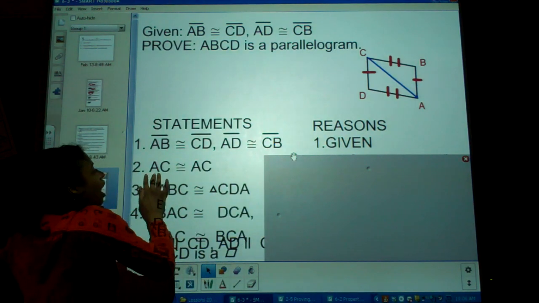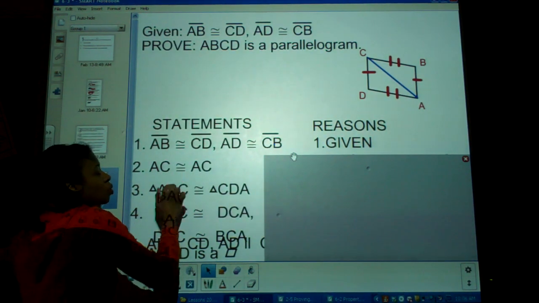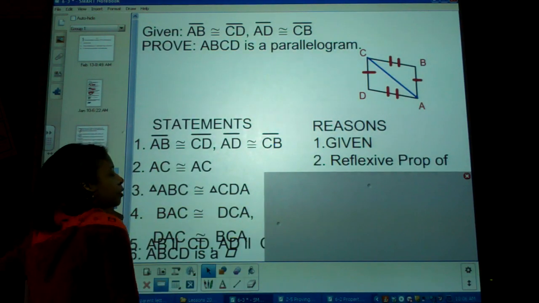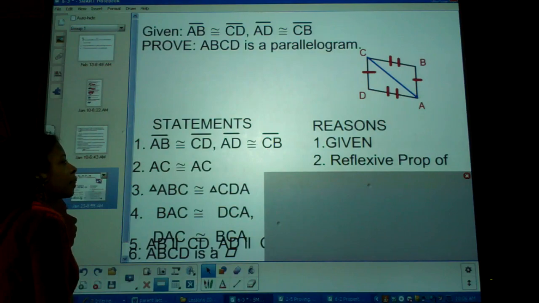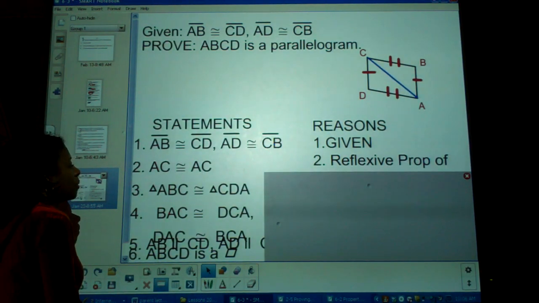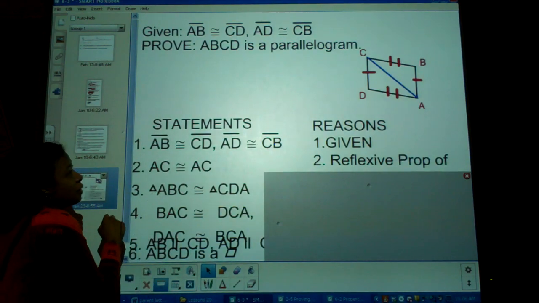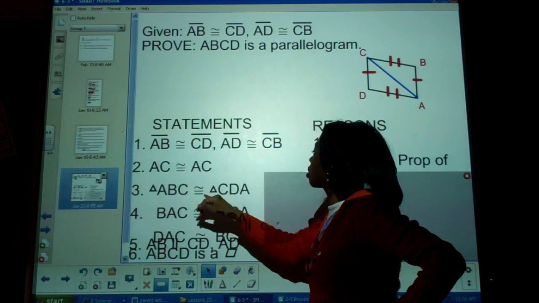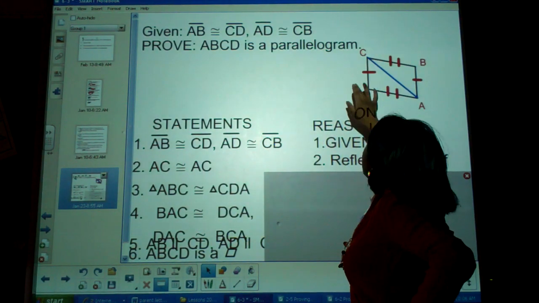That was given. How do I know that AC is congruent to AC? What property is that? That's the reflexive property. They also have the diagonals drawn in there as well. I have triangle ABC, and I mark it up. Triangle ABC is congruent to triangle CDA.